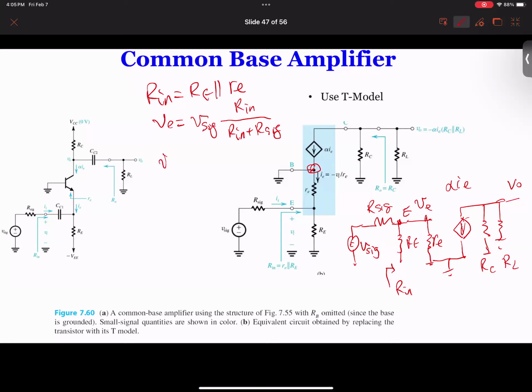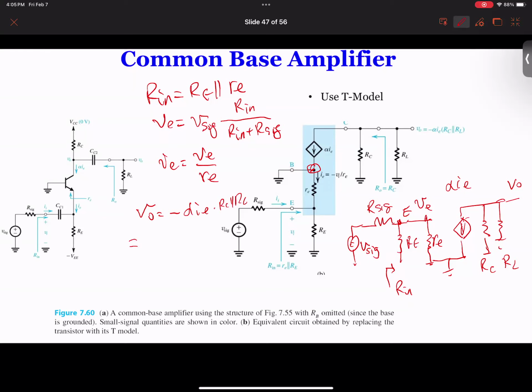Now, once you get this VE, you can calculate IE equal to VE over RE. And then once you have IE, of course, you know alpha times IE. And then eventually you have voltage output equal to minus alpha times IE times this RC in parallel with RL.